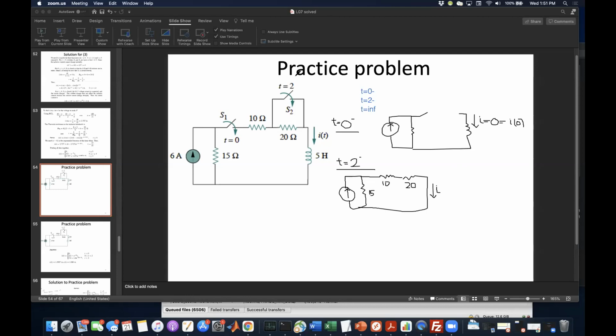So what is the value of I in this picture? Remember that the value of this current source is 6 amps. So we're going to use current division, and the question is, how much of that 6 amps takes the outside path and flows like this?